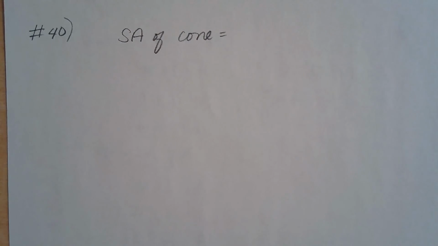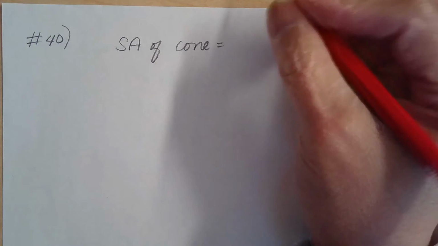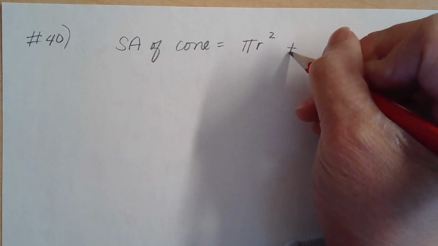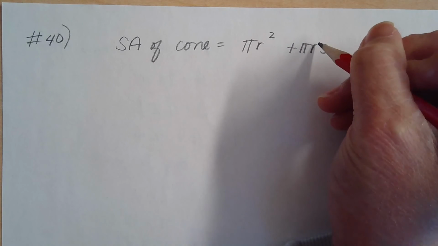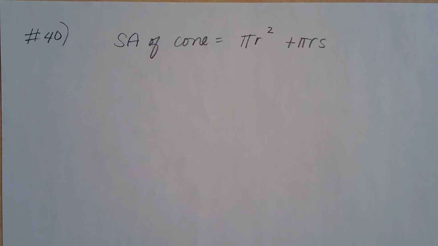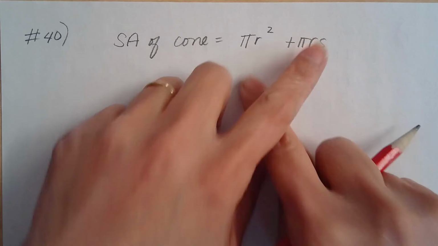Now the formula for the surface area of a cone is this: pi r squared plus pi rs. Or it could be interchanged, okay?